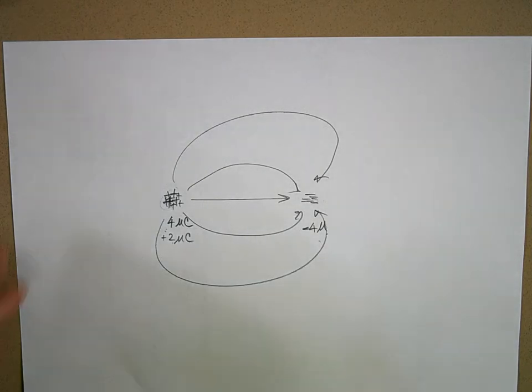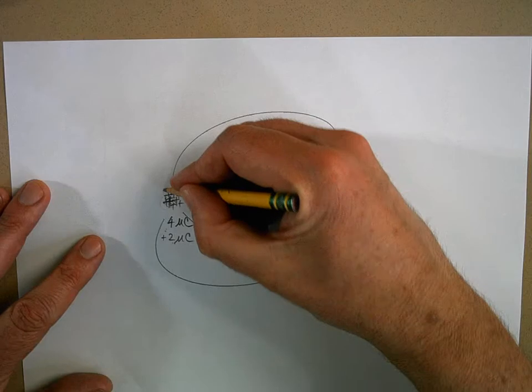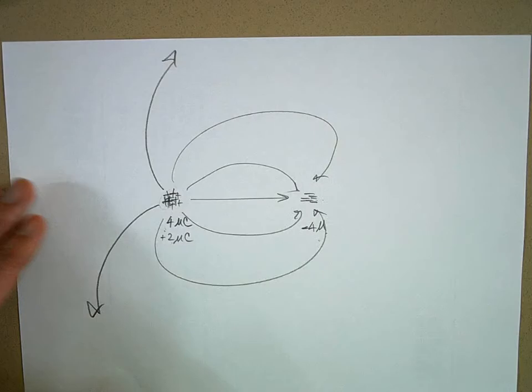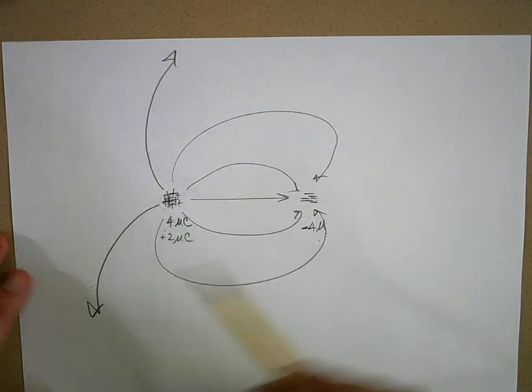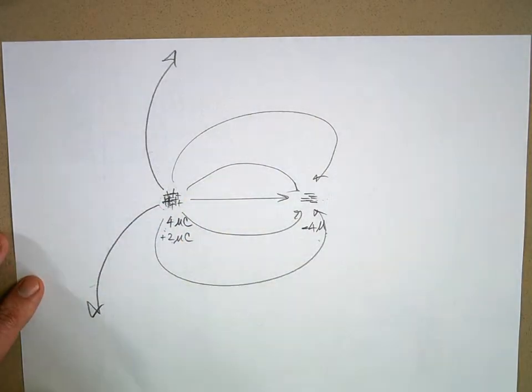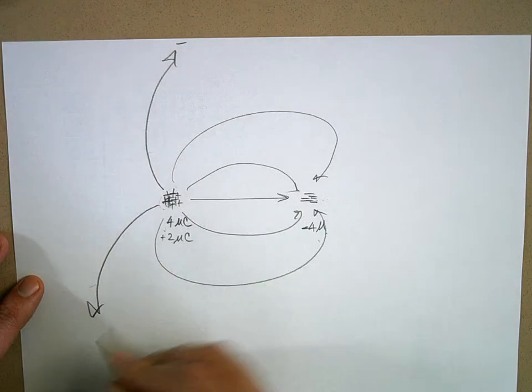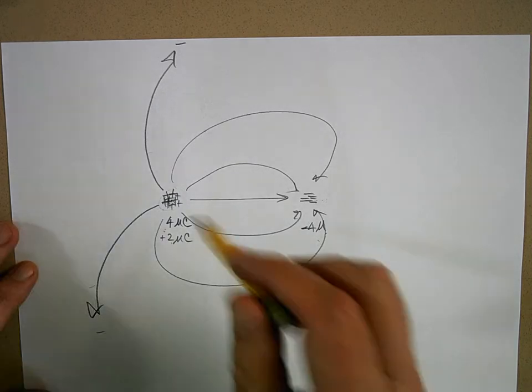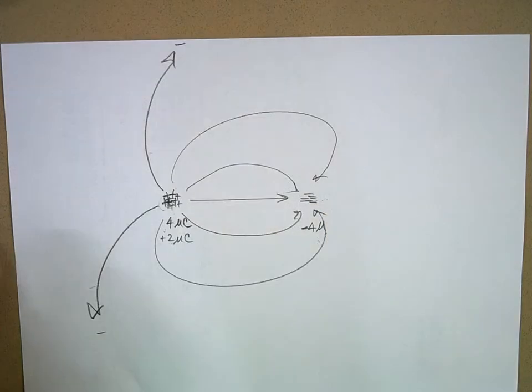And so what I have to do is show that by drawing more field lines. But these extra field lines don't terminate over here. They terminate somewhere out there in the universe, wherever I deposited that negative 2 microcoulombs of charge. Now what this means is the number of field lines I draw is proportional to the amount of charge.